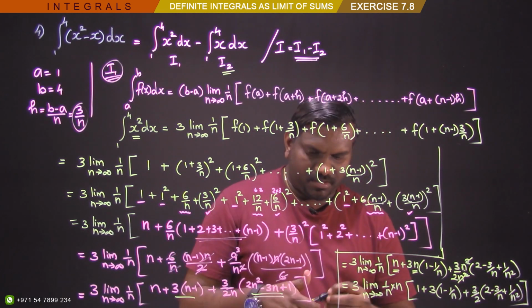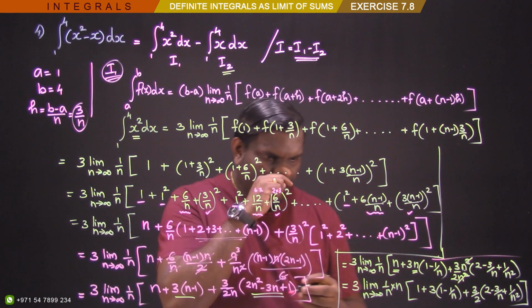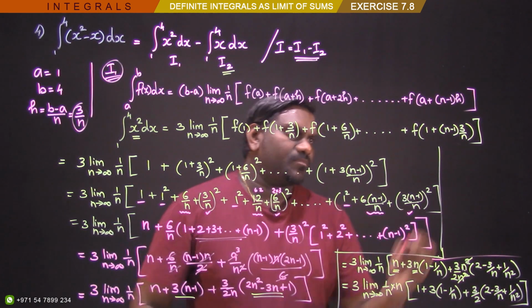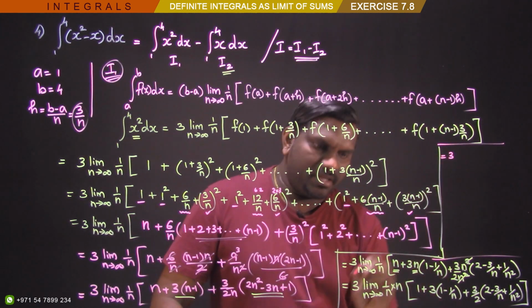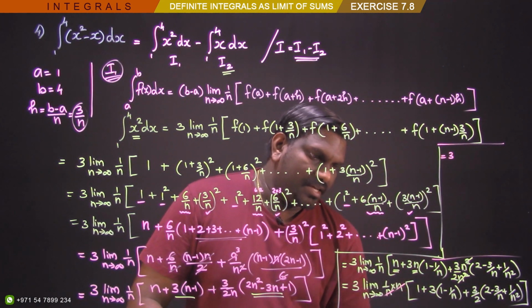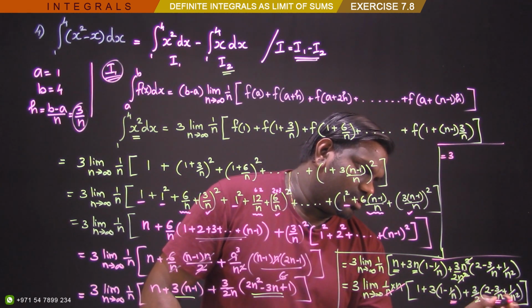Okay, done dear. Now your answers, I will just write it here. Let's see what we are gonna get when you apply the limits. So when you apply the limits, dear, it's gonna be 3 is already there. This and this get cancelled. When you apply the limit, this term is gonna be 0, this is 0, this is 0.